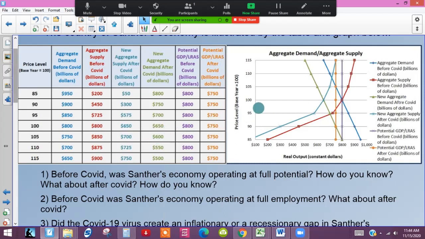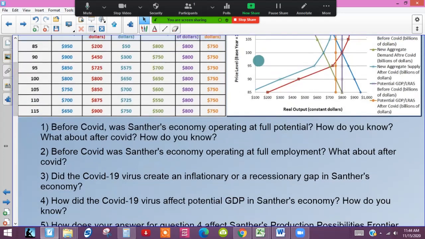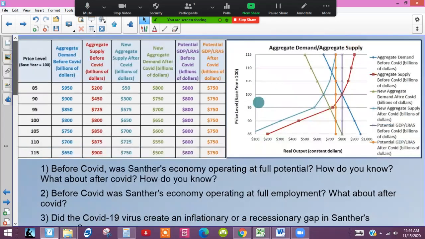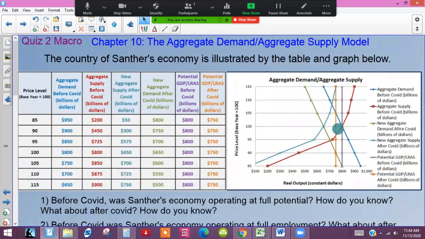Okay. Next question. Before COVID, was Santhar's economy operating at full employment? Yes, it was, because it was operating right at the long run aggregate supply curve from before, which is the purple, and this is where we say the economy is at full employment.